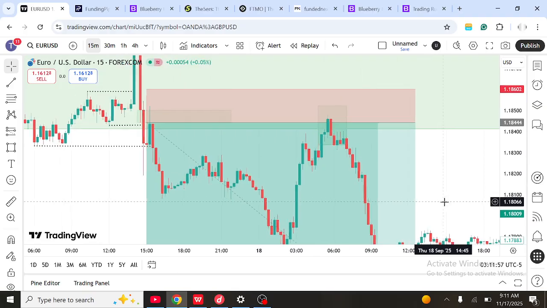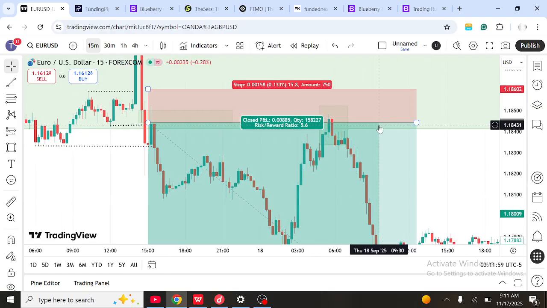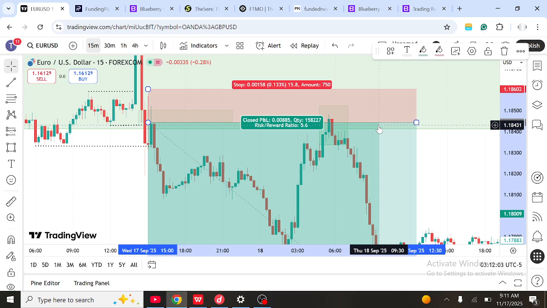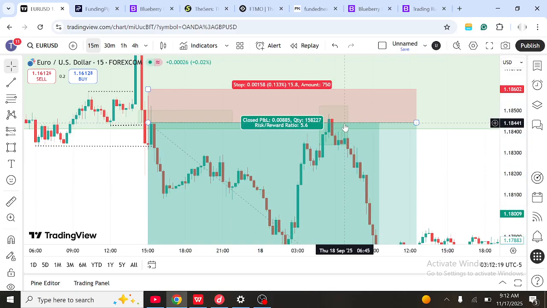Entry successful. All right, entry successful. But as I was saying, let's say you miss this entry here, or you took the entry. Don't close your trade when price is coming here. So whether you take this entry or not, this is another entry opportunity. Here is another entry opportunity.